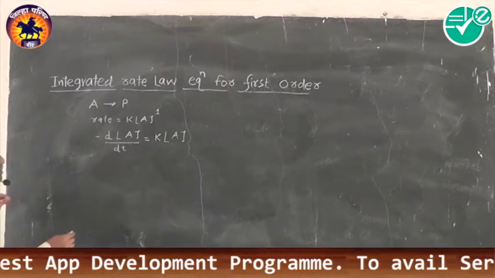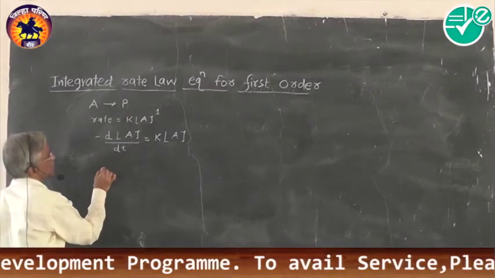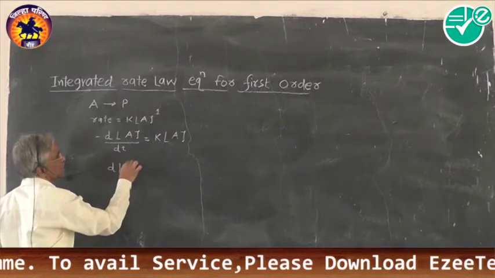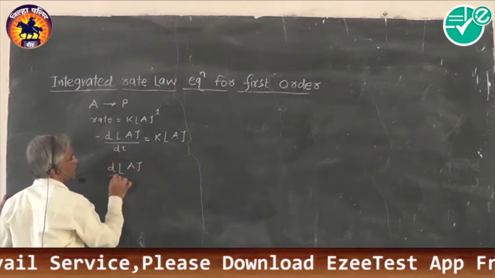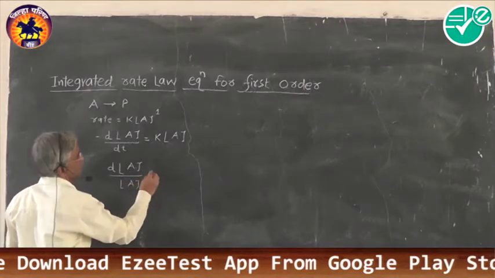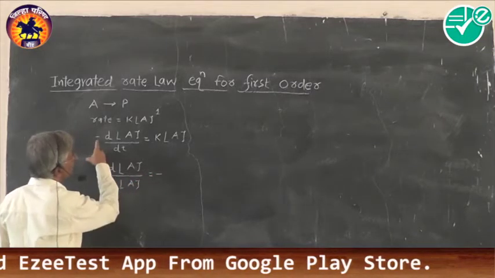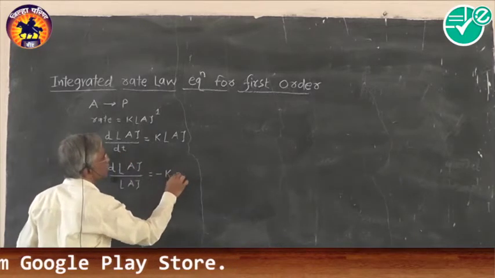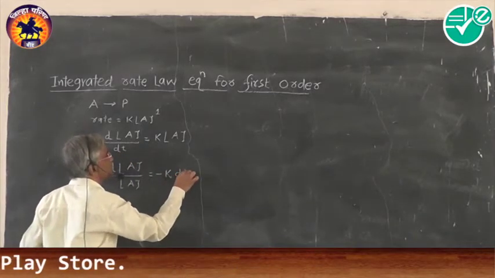We will rearrange the equation. This can be written as the rate of change of concentration of A divided by concentration of A, which is equal to minus K, shifting dt to the other side.